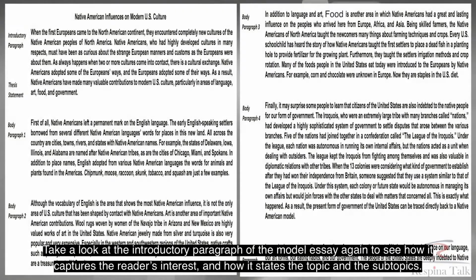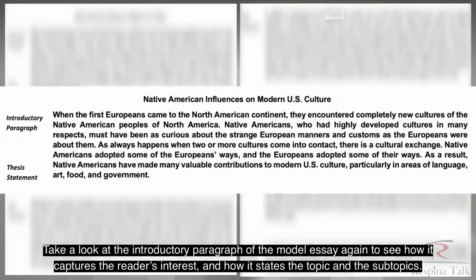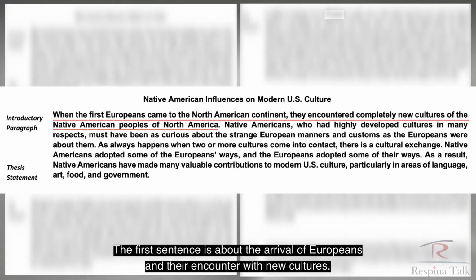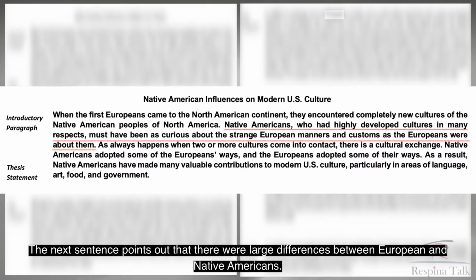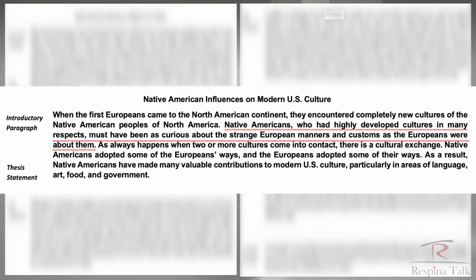Take a look at the introductory paragraph of the model essay again to see how it captures the reader's interest and how it states the topic and the subtopics. The first sentence is about the arrival of Europeans and their encounter with new cultures. The next sentence points out that there were large differences between European and Native Americans.